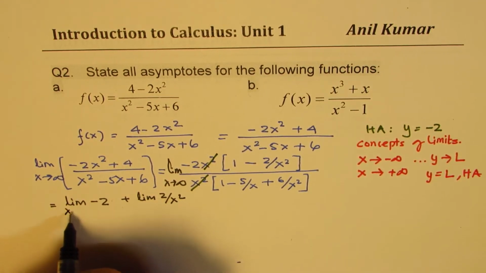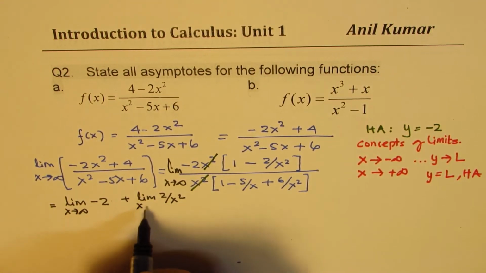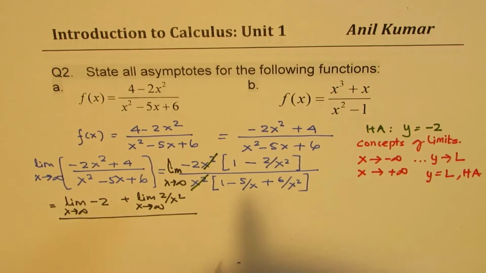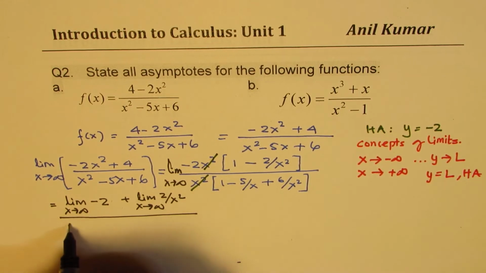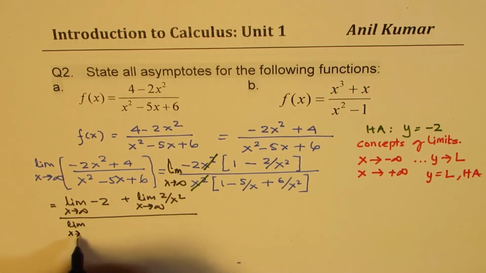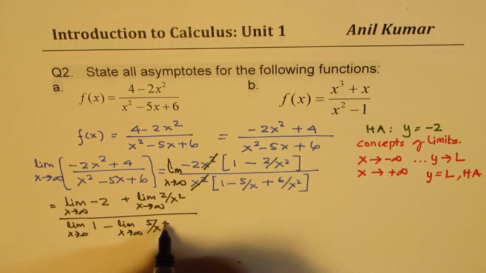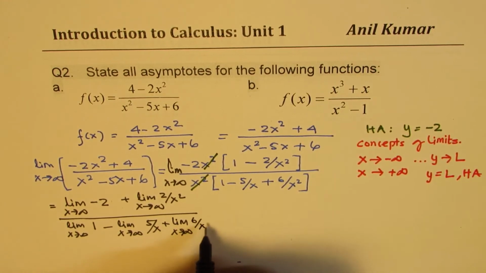And these limits are for x approaching positive infinity. So I'm using properties of limit to rewrite the whole thing. Similarly, the denominator could be written as limit as x approaches infinity of 1 minus limit as x approaches infinity of 5 over x plus limit as x approaches infinity of 6 over x squared, correct?